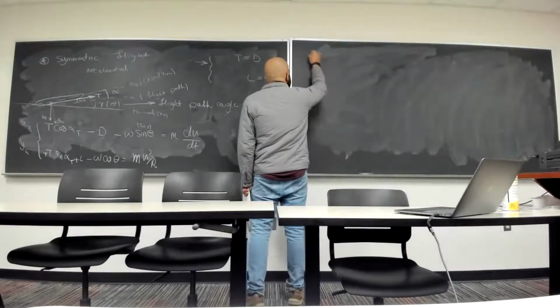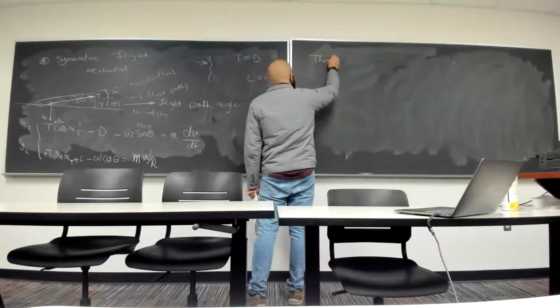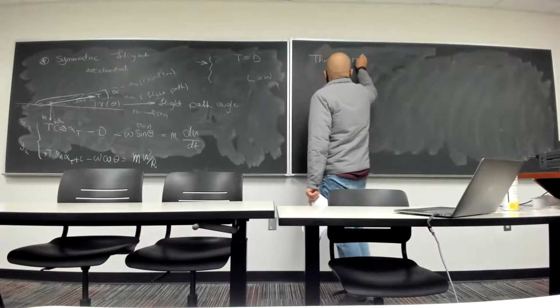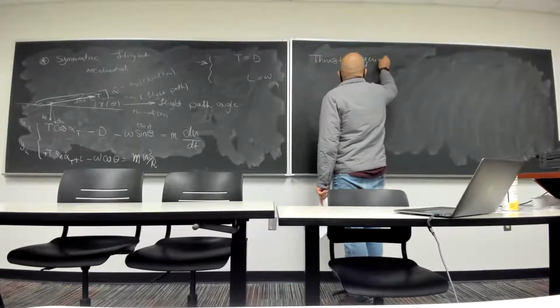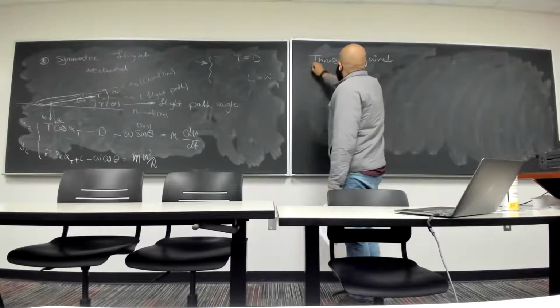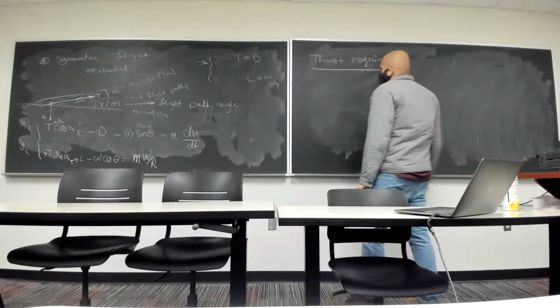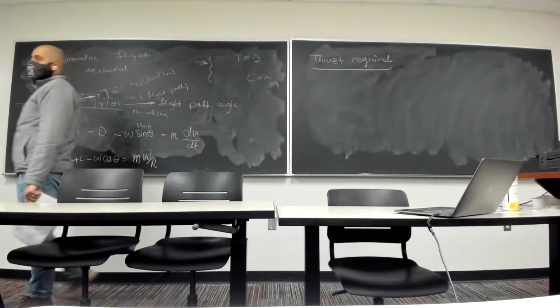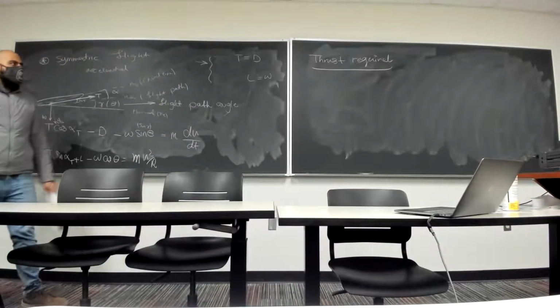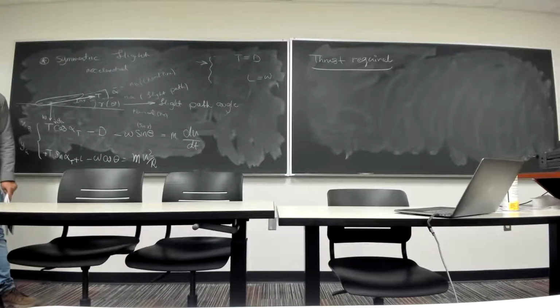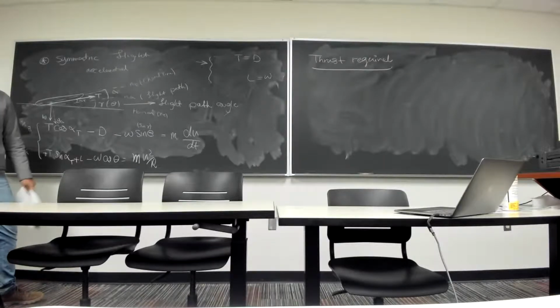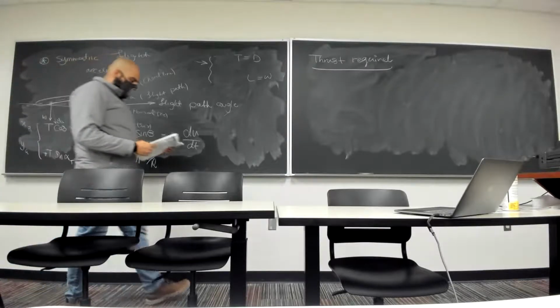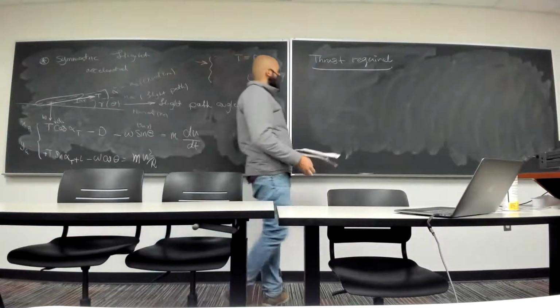There is this concept called the thrust required. The idea here is that in order to keep the flight at a level flight condition, you need a minimum thrust. Less than that, you will lose your level flight condition.